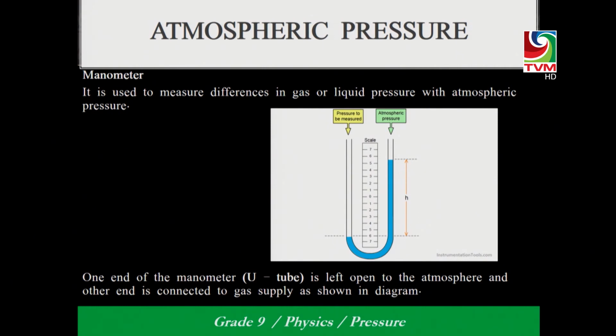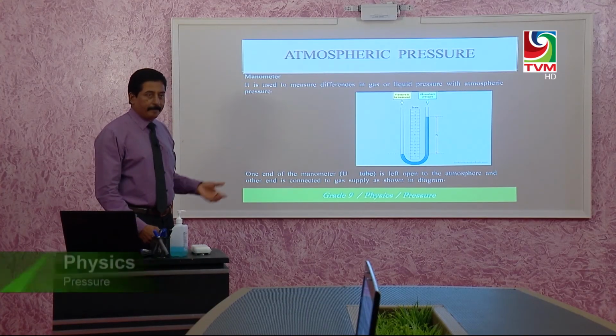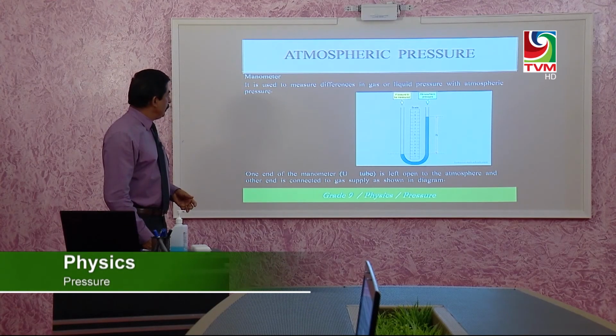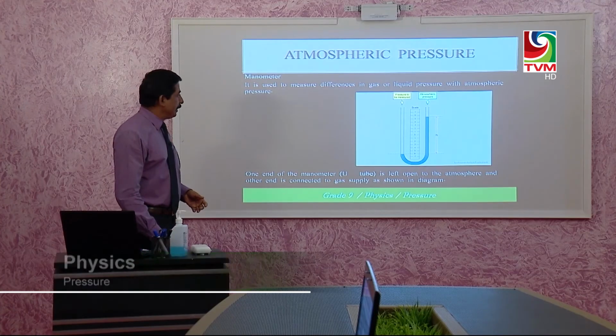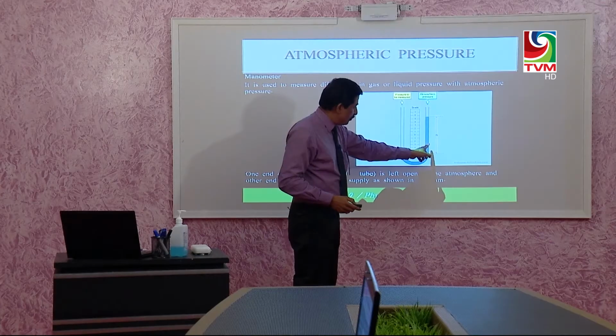The next part of the lesson is the manometer. What is a manometer? It is an instrument used to measure the difference between gas pressure or liquid pressure and the atmospheric pressure. It consists of a U-shaped tube which contains mercury.